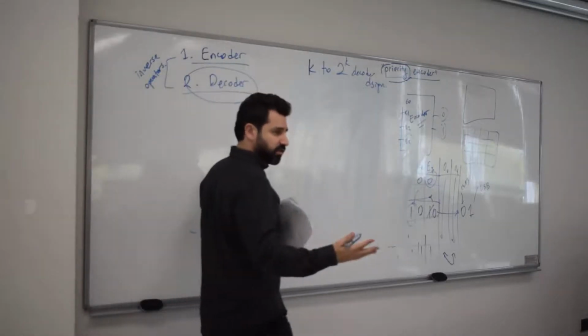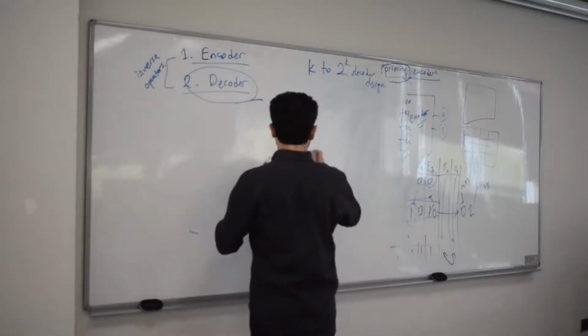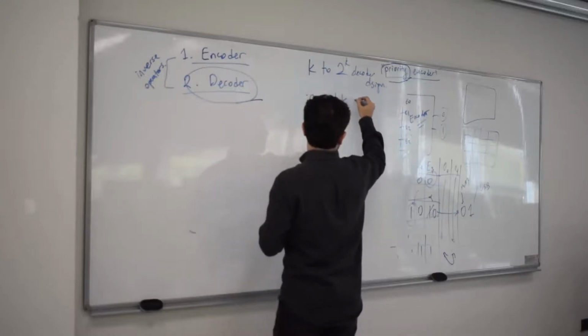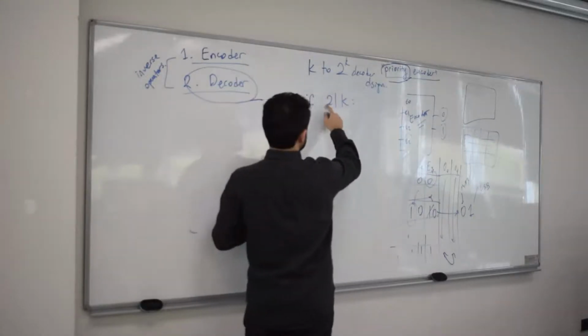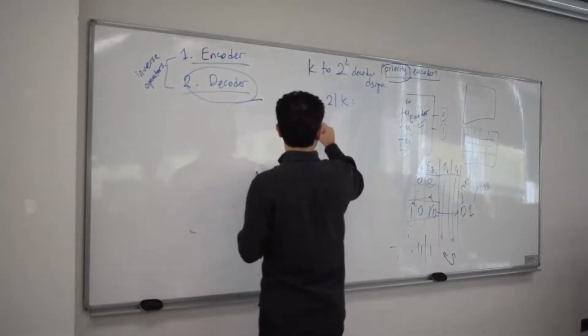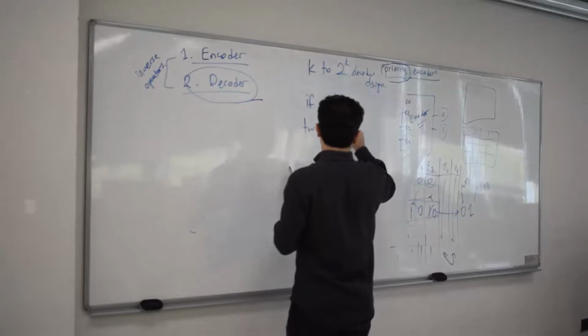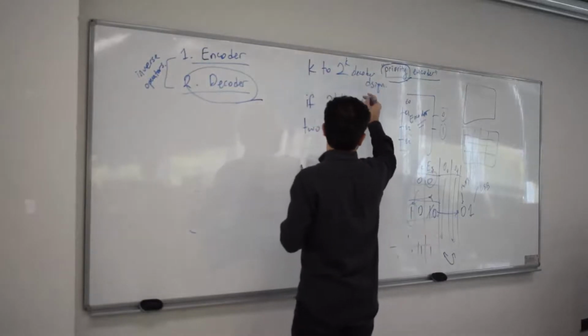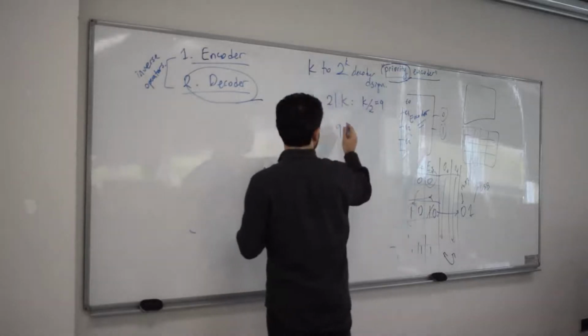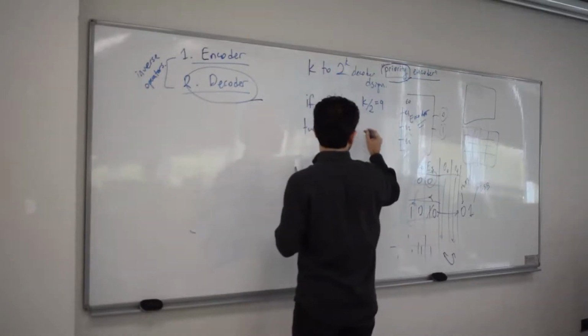K could be any integer. So what we're going to do, if 2 divides K, this is my division operation, then, let's just say K over 2 is Q. Then I'm going to use Q to 2 to the Q decoders.